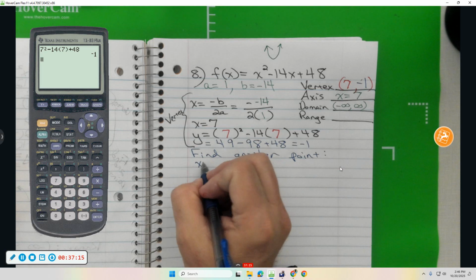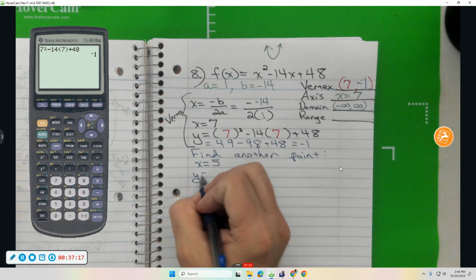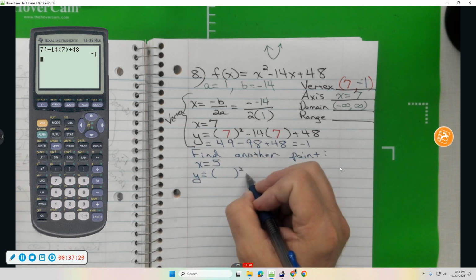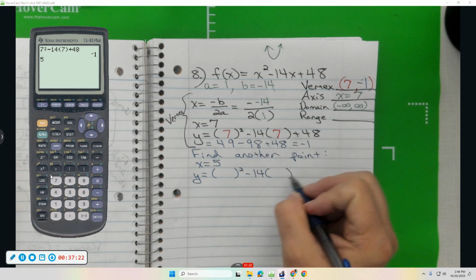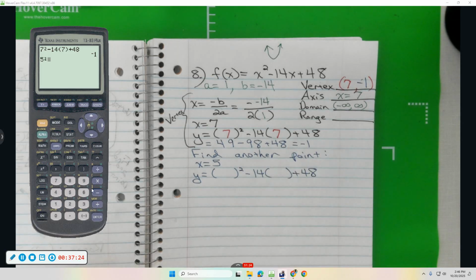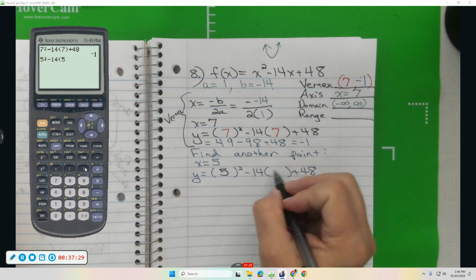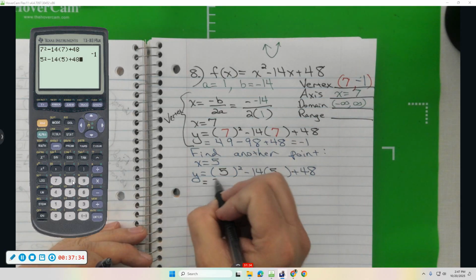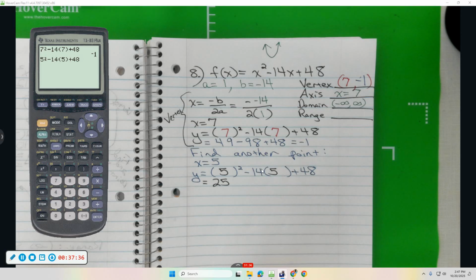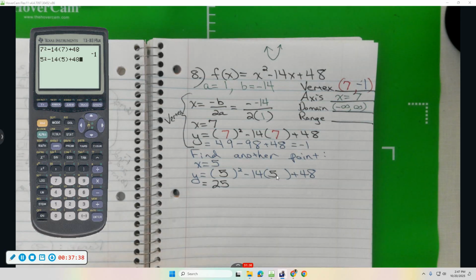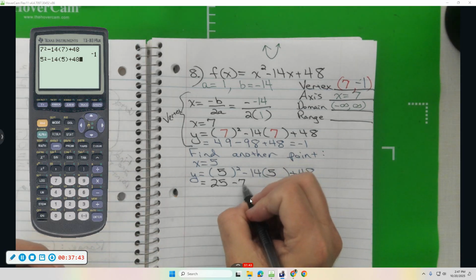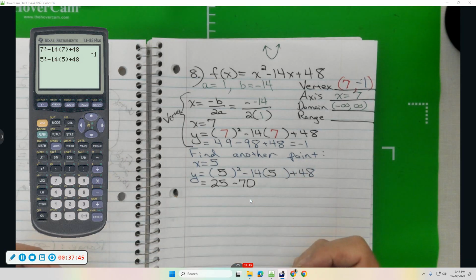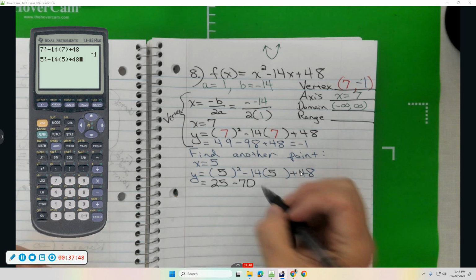I'm going to try letting x be 5, and then y is equal to, we're plugging in 5. 5 squared is 25. 14 times 5, is that a 70? Minus 70. And we still have what? Plus 48.